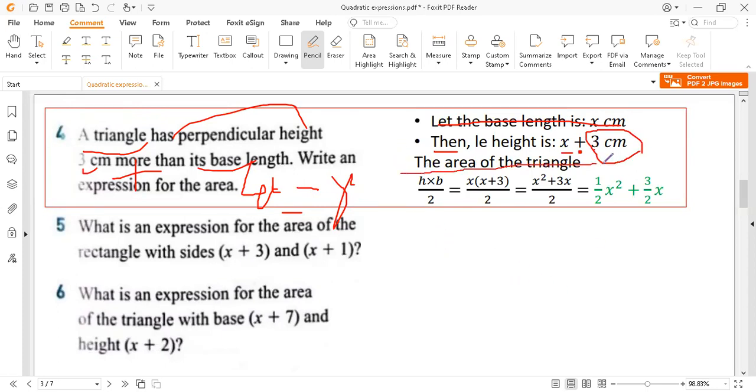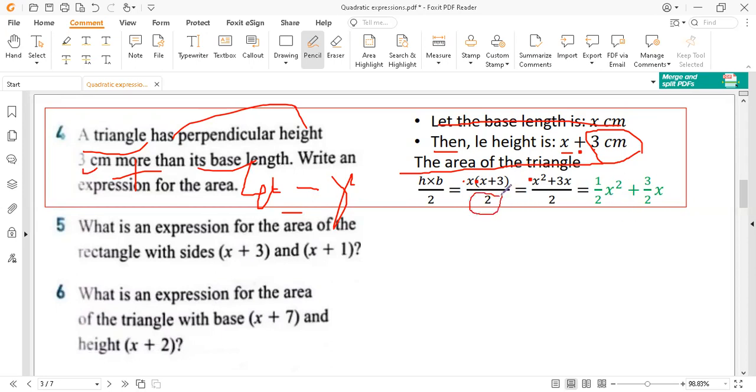We already know that the area of any triangle equals half of the product of height by base. So if we expand, as I said before, plus times plus is plus, 1 by 1 is 1, x squared, positive, and 1 by 3 is 3x, because when we expand a term by parentheses, we multiply this term by all the terms inside the parentheses.